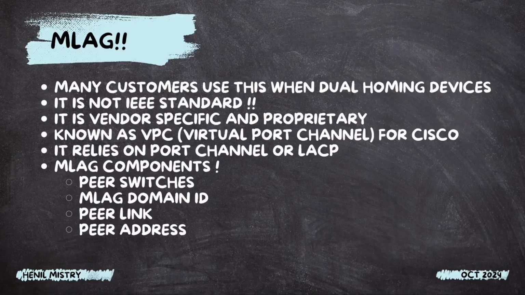There is just a minor difference in the command line, or how we configure it, the actual commands. Other than that, all the MLAG components and how the protocol works internally are the same for Cisco and Arista. Just the way they have named it is different. The setup is different, but the fundamentals would be the same.